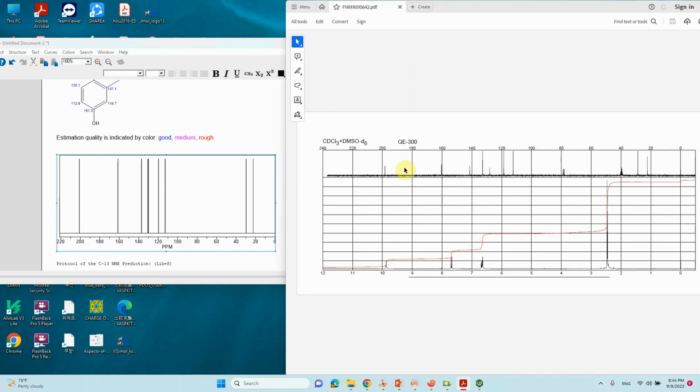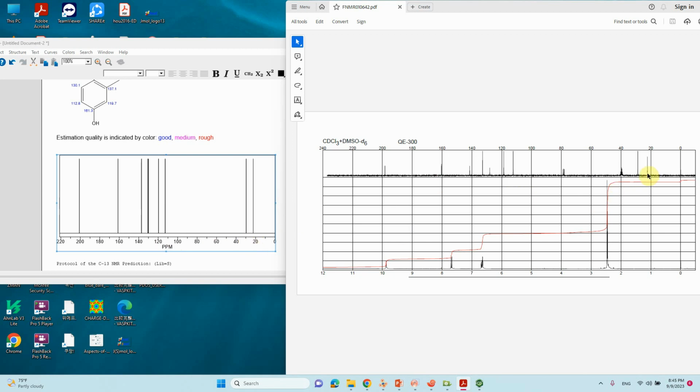Near 200 you can see one peak, and at 160 one more peak. Near 140 you can see one, and the other two are at 122 and 140, so three peaks there. These are 122 and 140, and one more peak between 100 and 120. Then two peaks near 20 and 30.